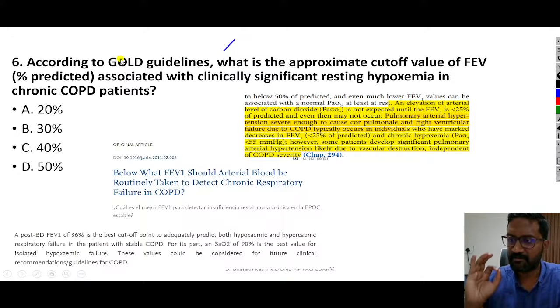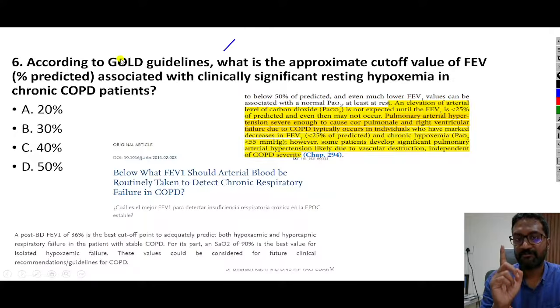Was this the question? Yes. Was it FEV1 for hypoxemia or FEV1 for pulmonary hypertension or FEV1 for hypercapnia? For hypoxemia, there is no proper cutoff value anywhere.